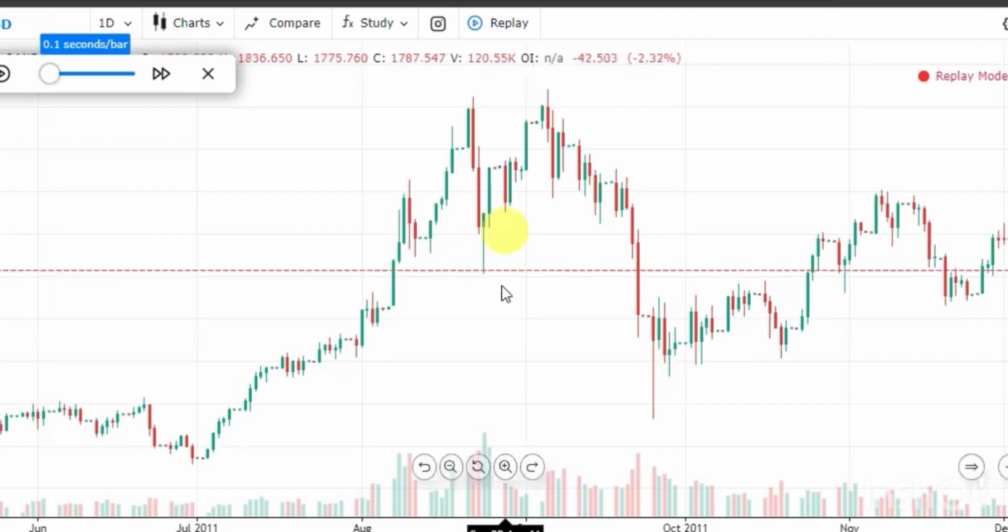All right, so basically, this would be a change of character. We were in an uptrend, as you guys can see, but price ended up changing to a downtrend, right? It was going up, then it came down. That's a change of character right there.